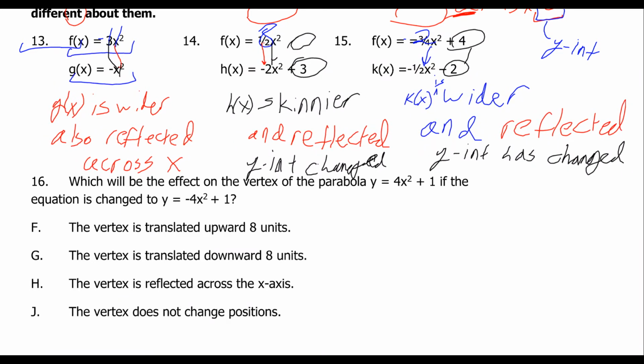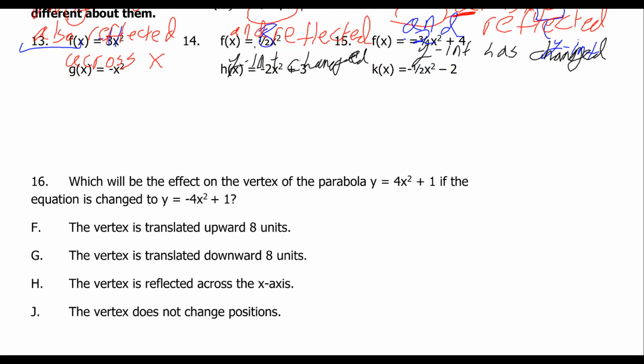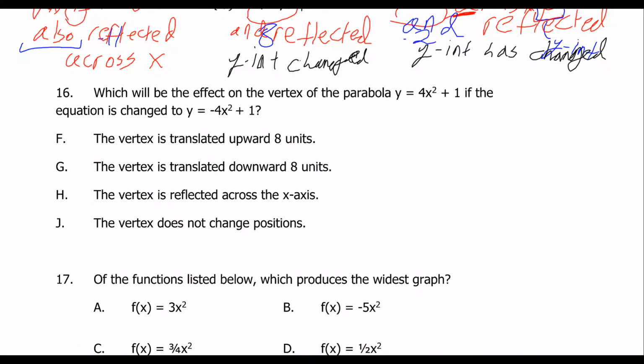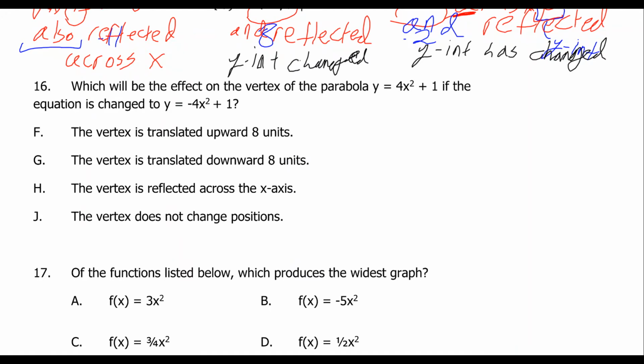Now number 16. Which will be the effect on the vertex of the parabola if the equation is changed to y equals negative 4x squared plus 1. So which of the following will be the effect if we change from here to here? Let's look at these two things.